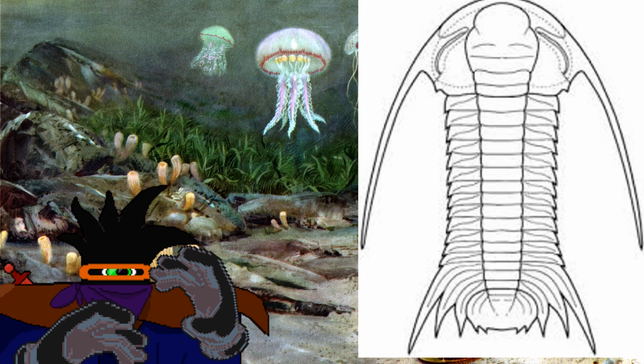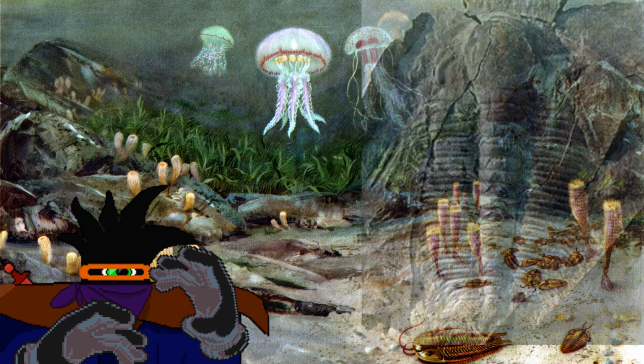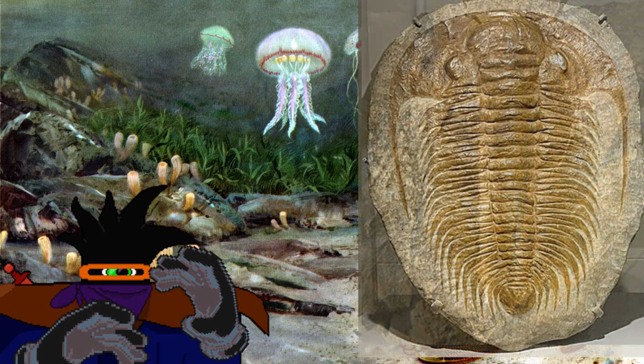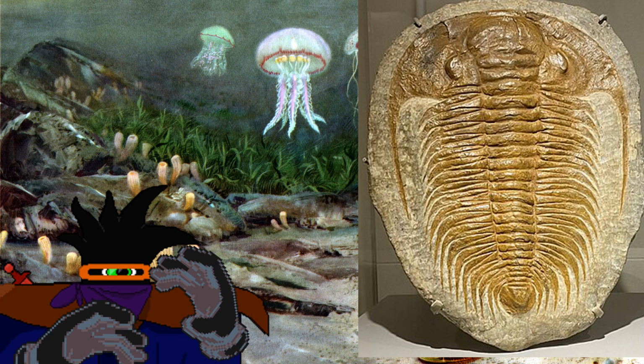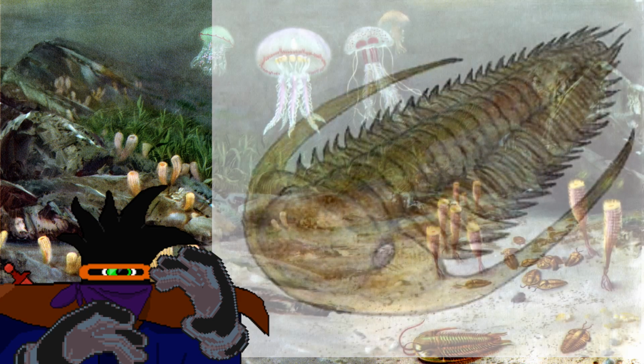But most notable of the 3 families was Paradoxididae itself, which included a dozen genera, the most notable of which was Paradoxides and Acadoparadoxides, which was one of the largest trilobite species of all time, reaching 17.7 inches long, only being beaten in overall size by a few other genera that we'll discuss when we get to those orders.